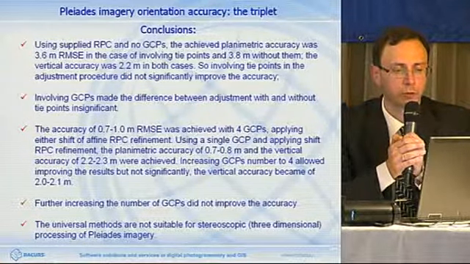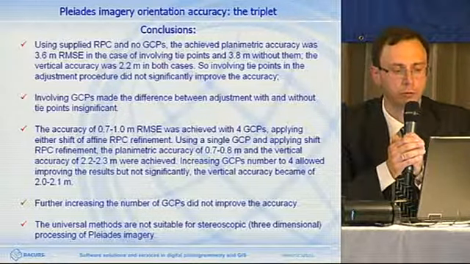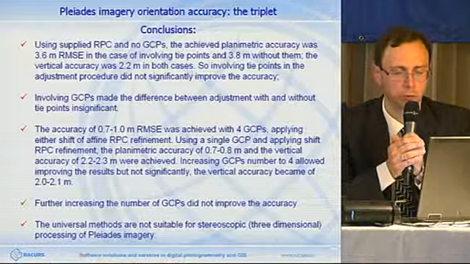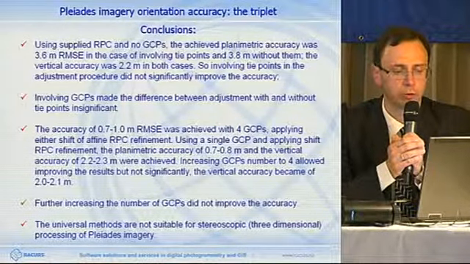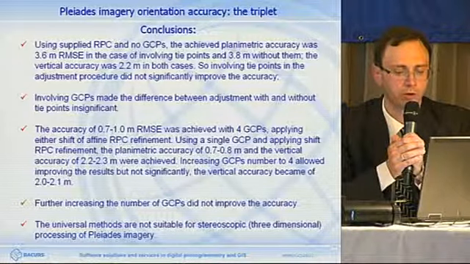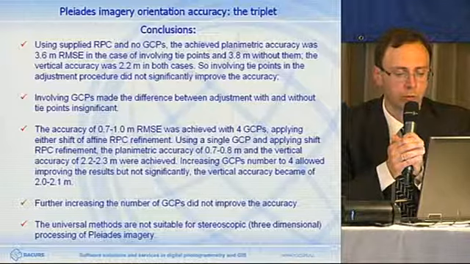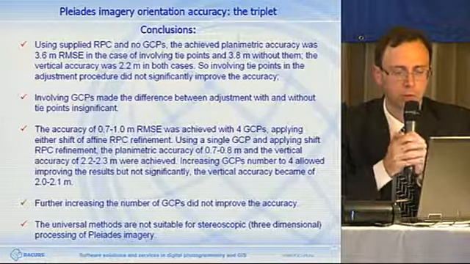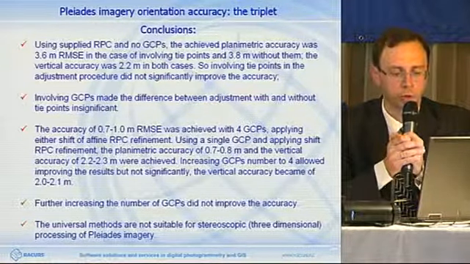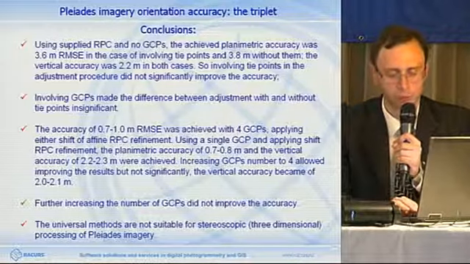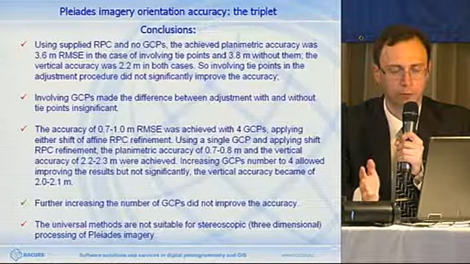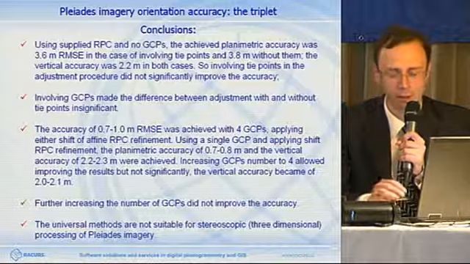Here you can see the conclusions. We see that using supplied RPC and the GCPs, the achieved planimetric accuracy was 3.6 meters RMSE in the case of involving tie points, and 3.8 meters without them. The results, as we can see, are a bit worse than what Mikhail was talking about. Perhaps here we have 2 or 3 reasons for that.